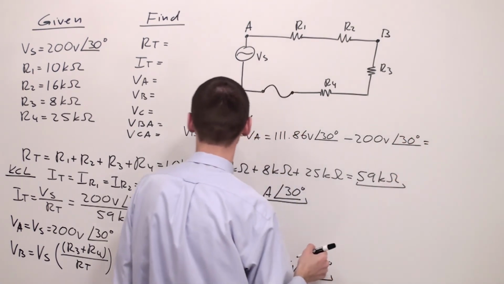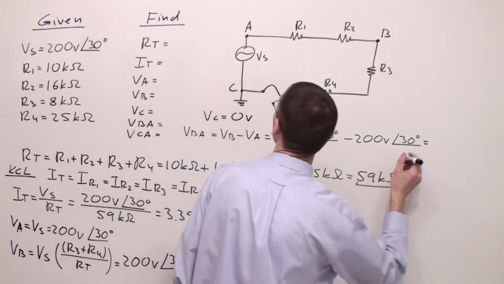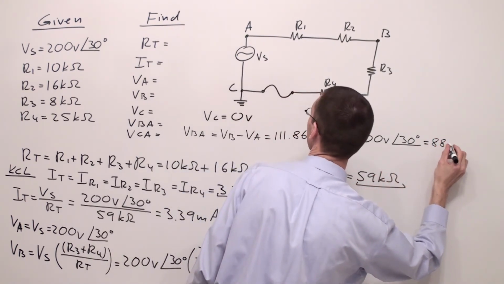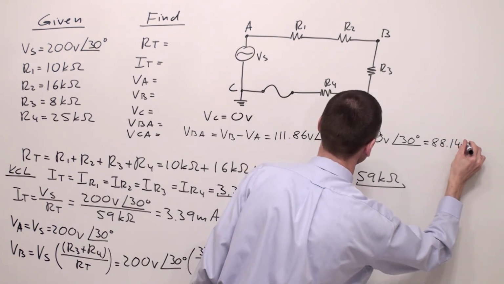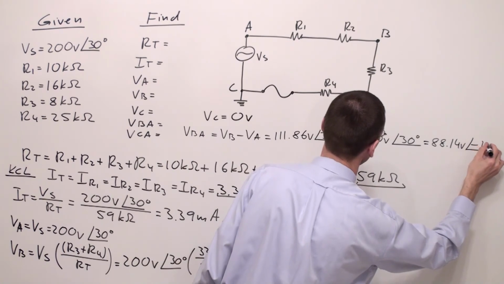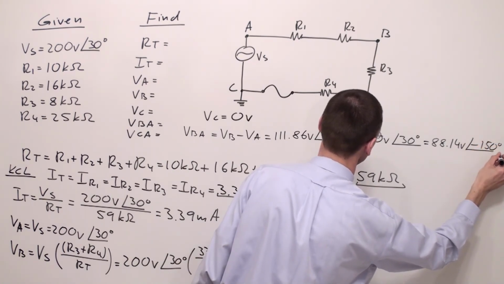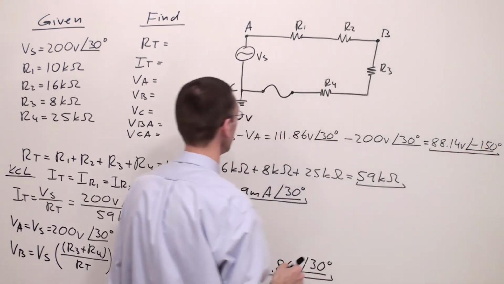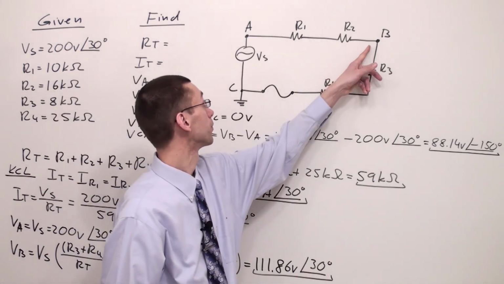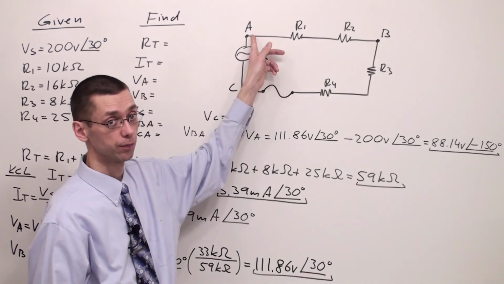This is equal to 88.14 volts and angle of negative 150 degrees. This is the voltage between point B and point A.